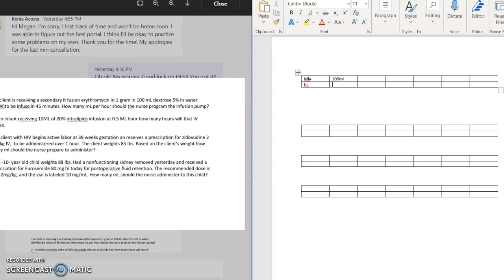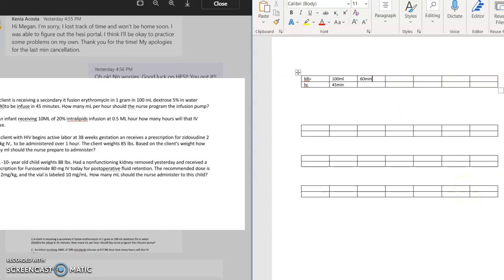And they're getting 100 mils over 45 minutes. It doesn't really matter what's in that bag of 100 mils. You're just going to be infusing it over 45 minutes. Then, I'm sorry about my dog.